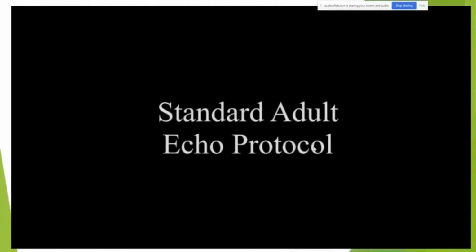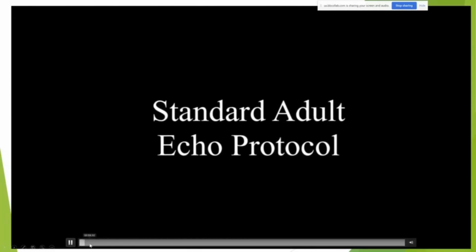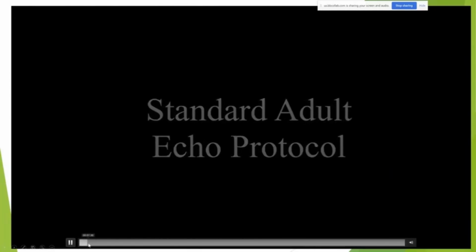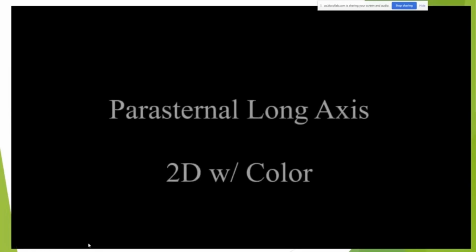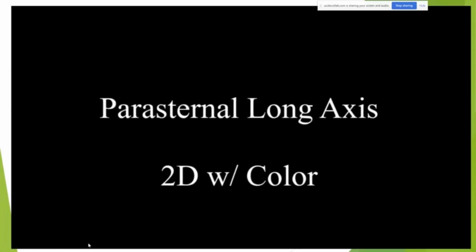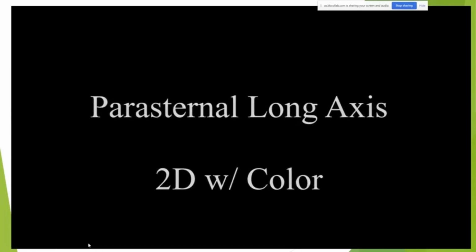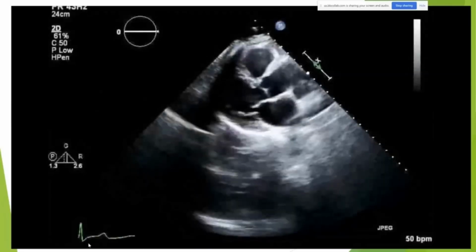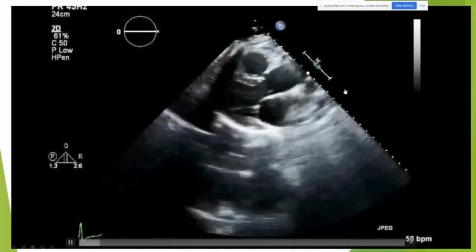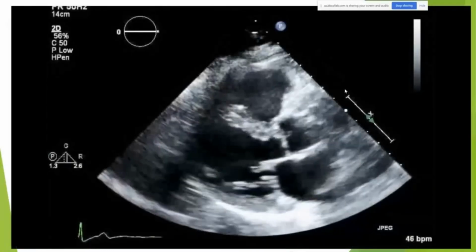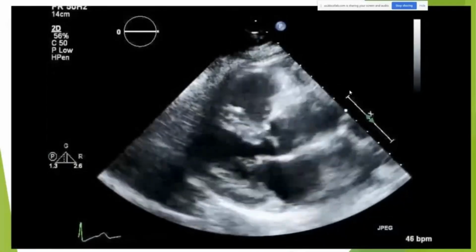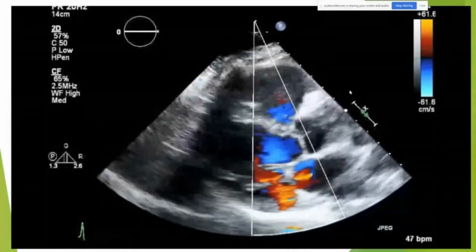Okay, so this is just like an echo thing so you can see what the color and regurgitation looks like from every view. This is parasternal long axis. We zoom in, turn on color.